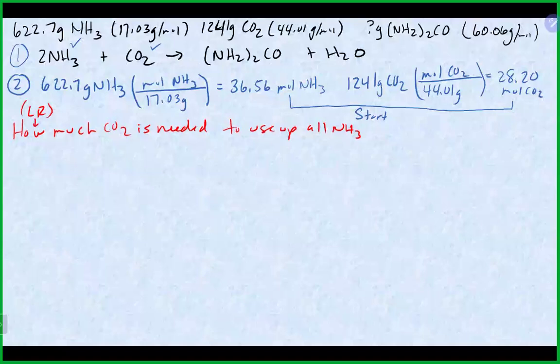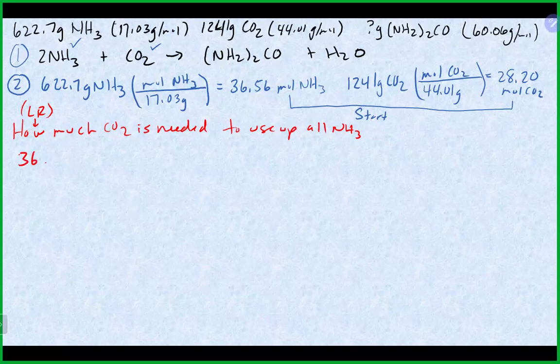So to do that, I'm going to start with my NH3 moles, which is 36.56 moles of NH3. I am going to go to the equation and do a mole-to-mole relationship between the two reactants. From the equation, we see, based on the coefficients, that for every 2 moles of NH3 you put in, you also need 1 mole of CO2.